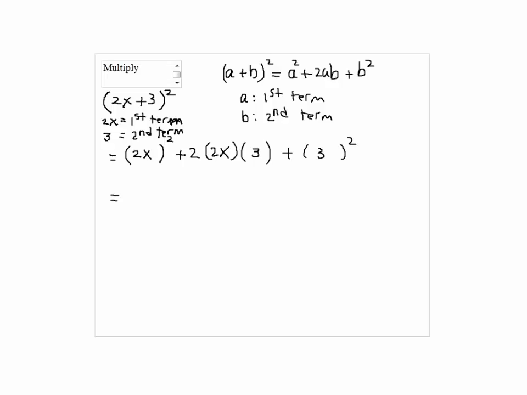So everywhere I see a, which is the first term, I would substitute that with 2x, and everywhere I see b, I would substitute that with the second term, which is 3. So I have 2x to the power of 2 would be 4x to the power of 2, plus 2 times 2 is 4, and 4 times 3 is 12x, plus 3 squared would be 9.